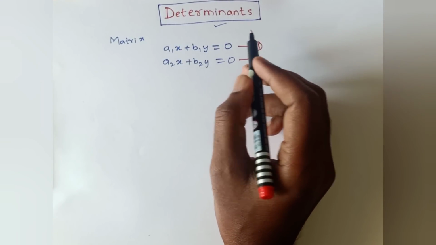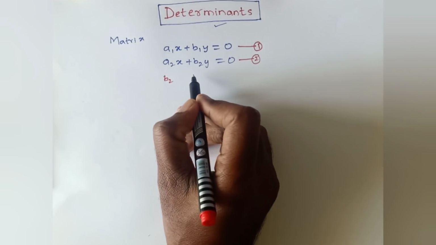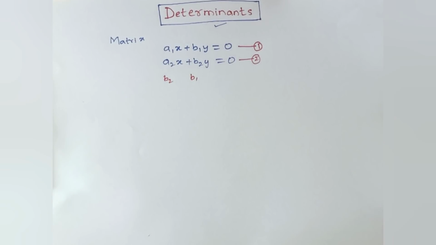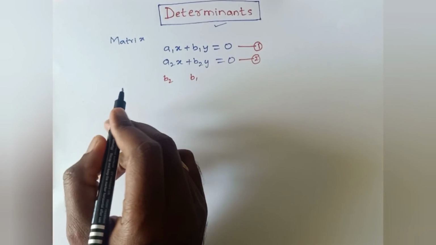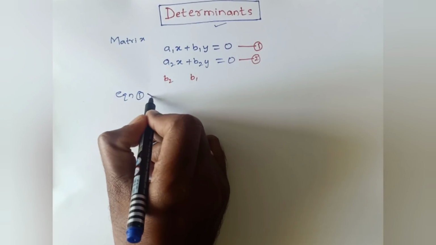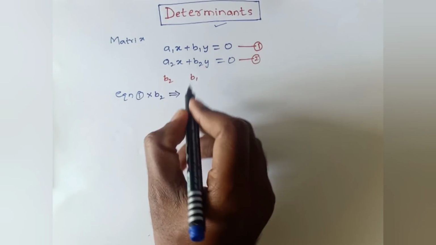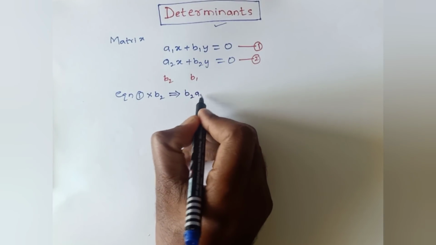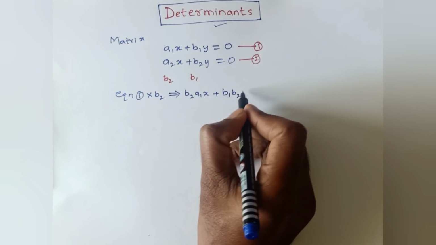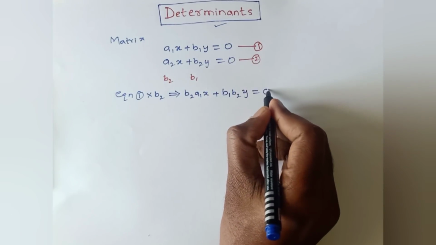Multiplying the first equation by b2 and the second equation by b1, and subtracting those two, we get the result like this. Equation 1 multiplied by b2 gives b2 into a1x plus b2 into b1y equals b2 into 0, which is 0.